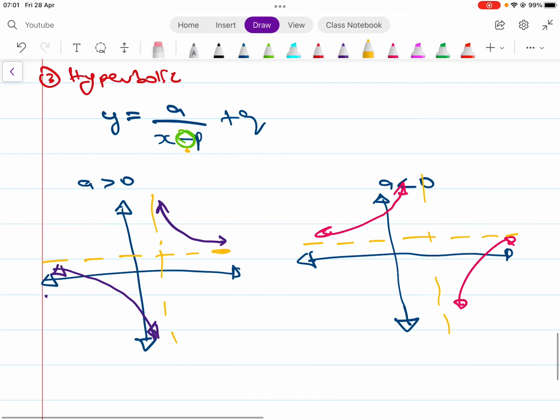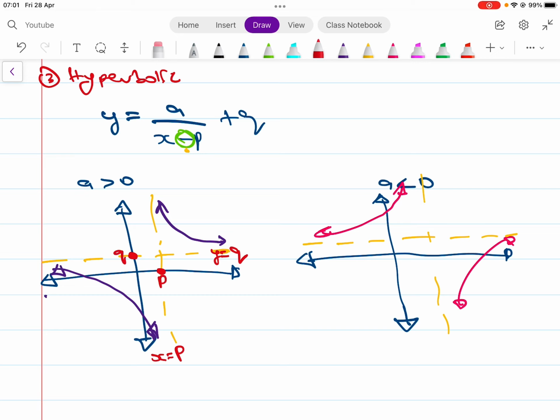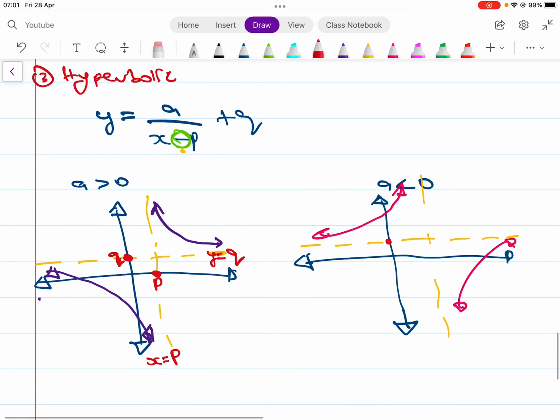Also, let's label this: this is going to be your p, not the q. It's going to be your p, which is that value there, and then this one is going to be your q. The equations for the asymptotes are y equals q and x equals p.